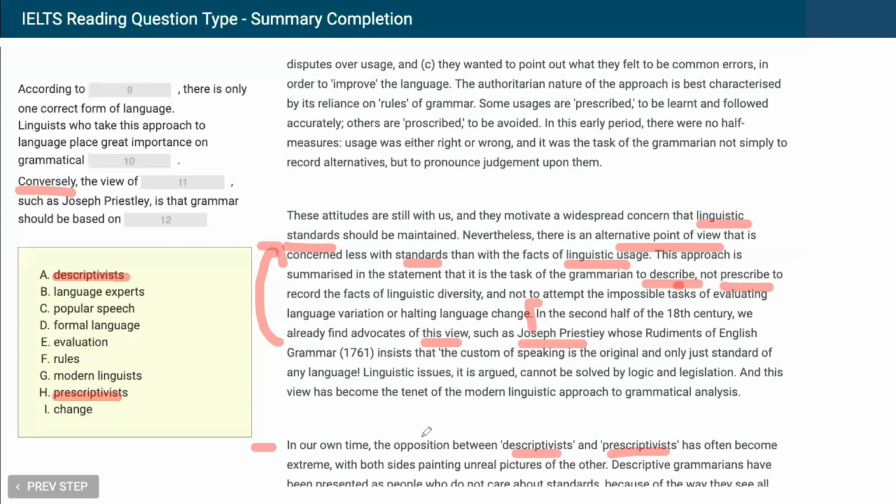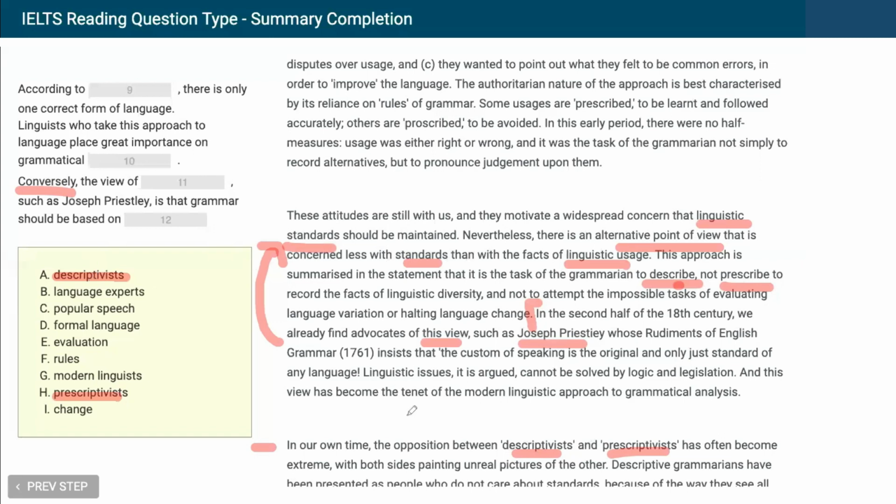So the fact that we see this sentence with these two titles, this sentence with the same root, so describe, prescribe, descriptivist, prescriptivist, and the fact that we see conversely in this sentence makes me extremely confident that 11 is a descriptivist.